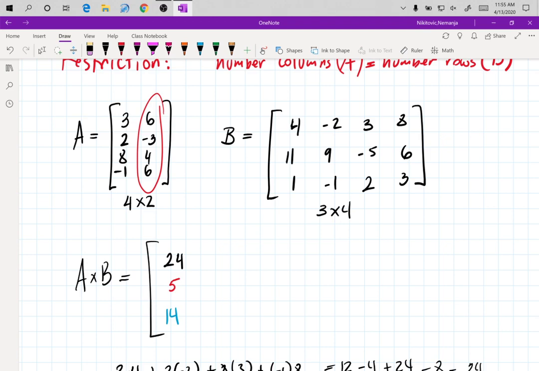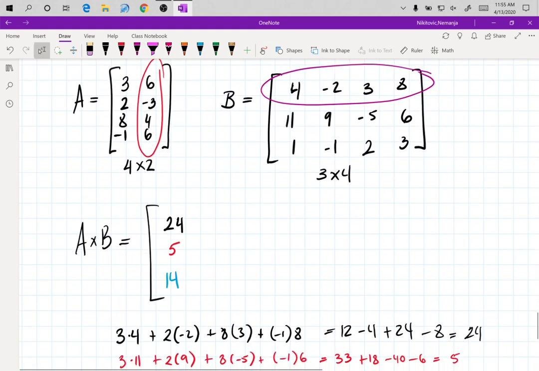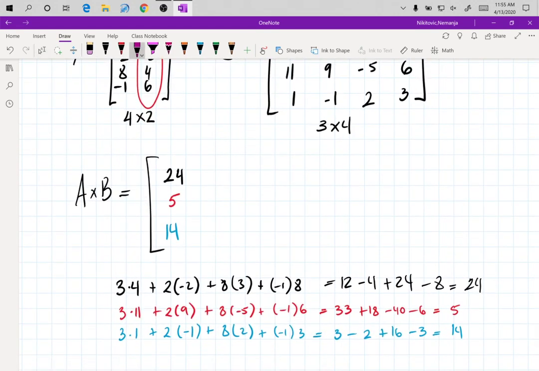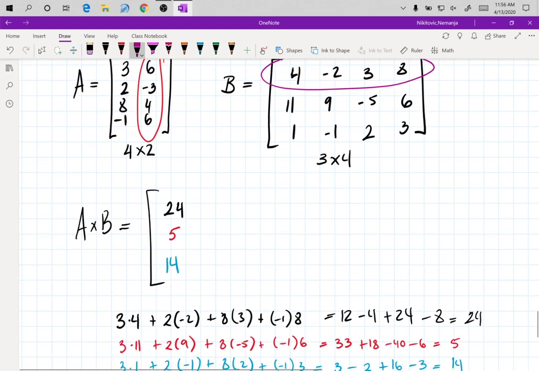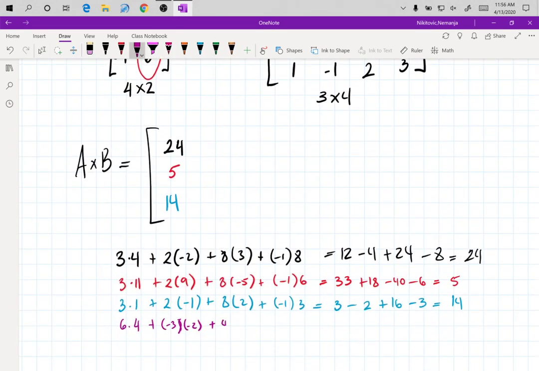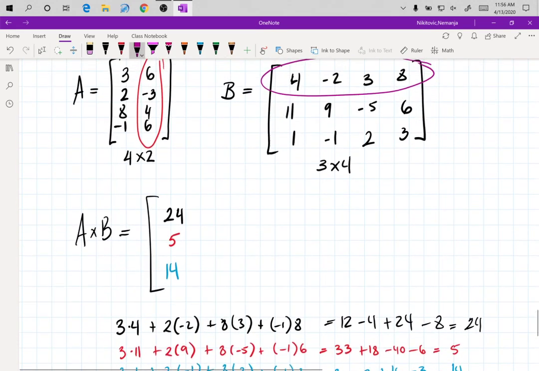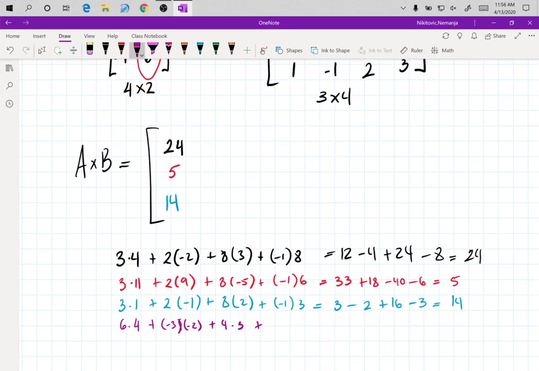And reset there. 6 times 4. Negative 3 times negative 2. Four times 3. 6 times 8. It's just a little bit of calculation.